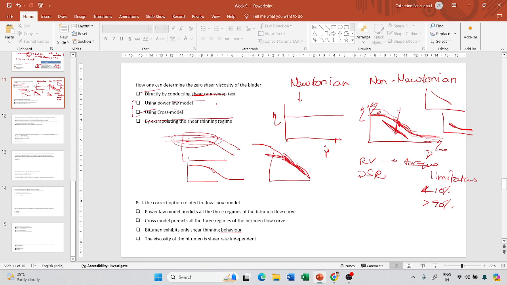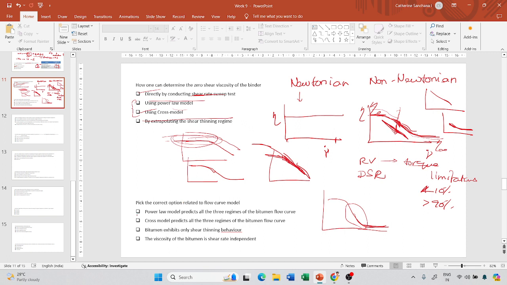Pick the correct option related to the flow curve model. Power law model predicts all the three regimes of the bitumen flow curve. The flow curve is what we saw now. This is the flow curve, and as I said earlier, a power law model can capture only this regime.